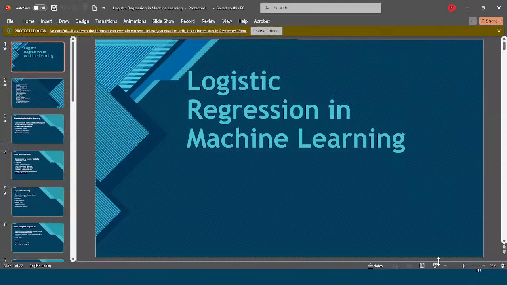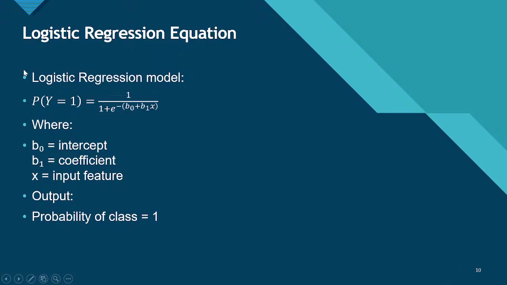The logistic regression model is P(y=1) = 1 / (1 + e^-(B0 + B1x)), where B0 is the intercept and B1 is the coefficient, applied to the input features. The output is the probability of class 1.